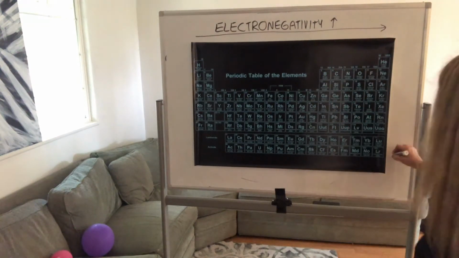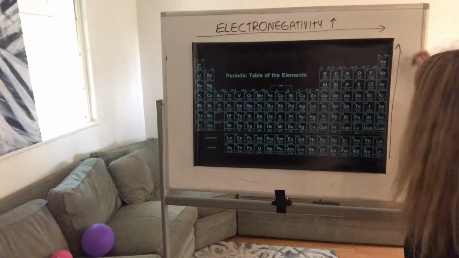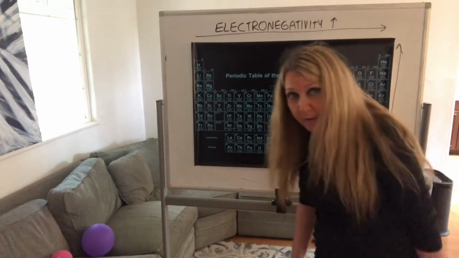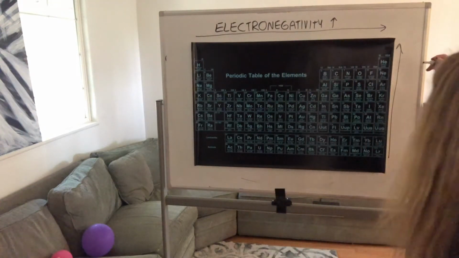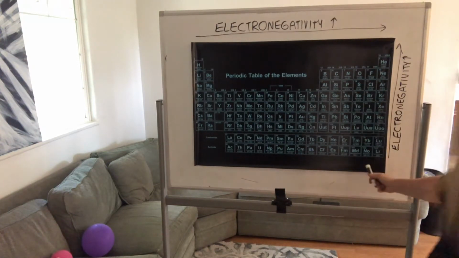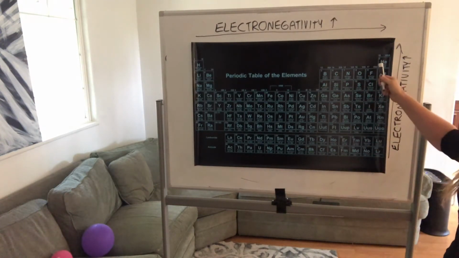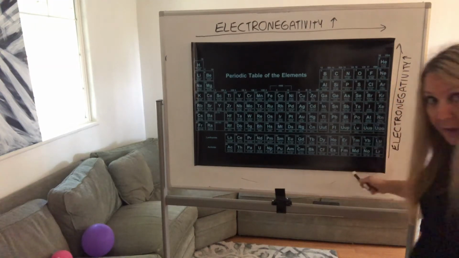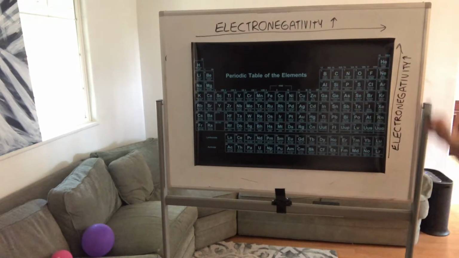As we go up, now in this case, this arrow doesn't mean increase. I'm drawing it on the side, we also increase electronegativity. So as we go up through these periods on the periodic table, we are increasing electronegativity. So looking at this can explain a lot, really.